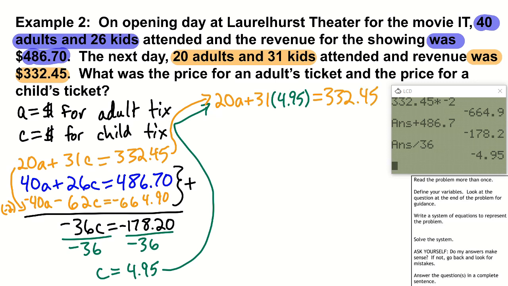It doesn't make any difference. So I'm going to take that 4.95 and multiply by 31. So I have 20A plus 103.95. Whoa.